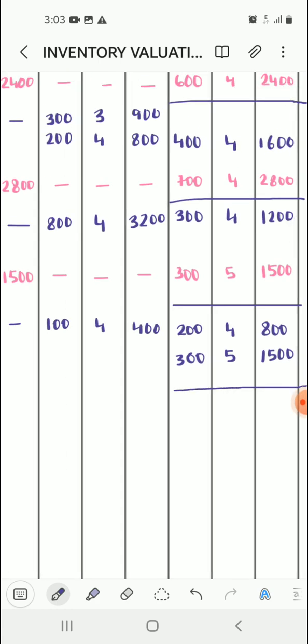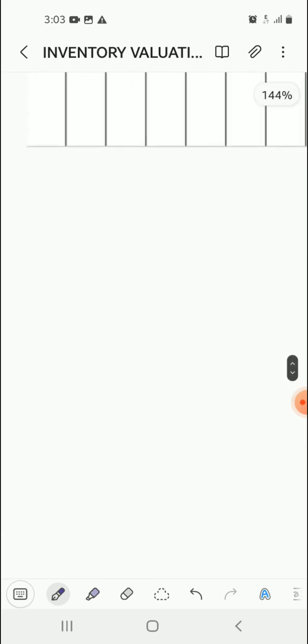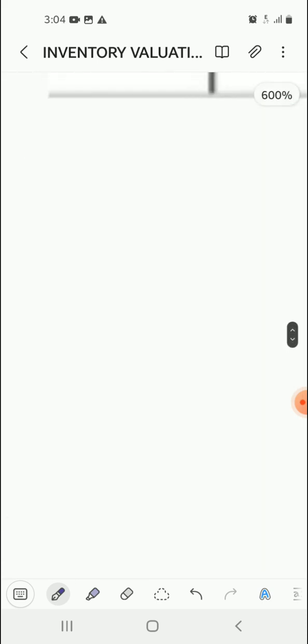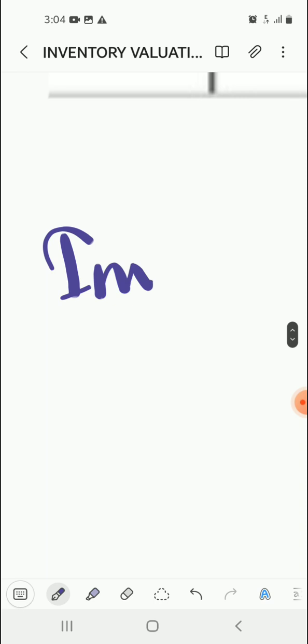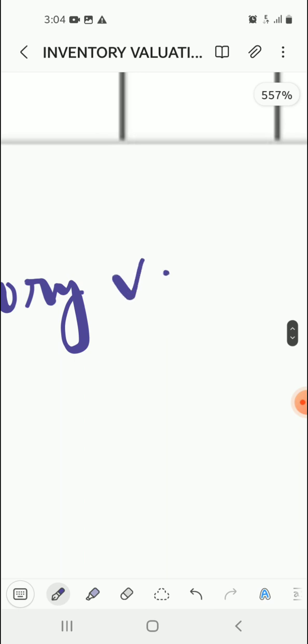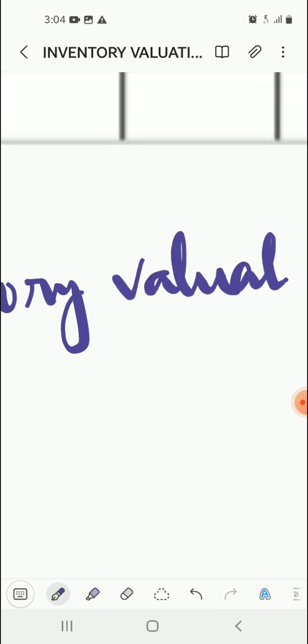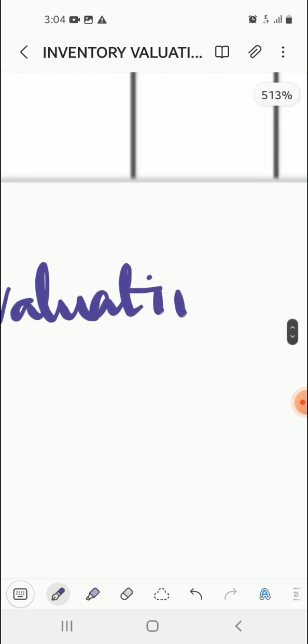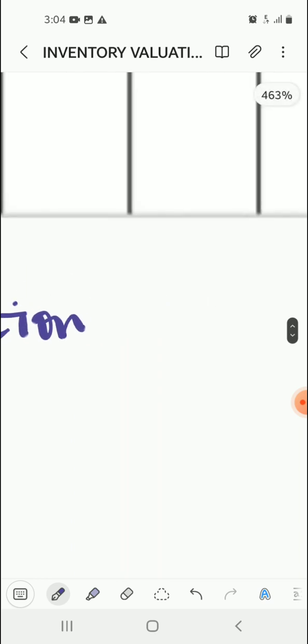So under the FIFO method, we are going to write a concluding statement, that is inventory valuation. This is the FIFO method.